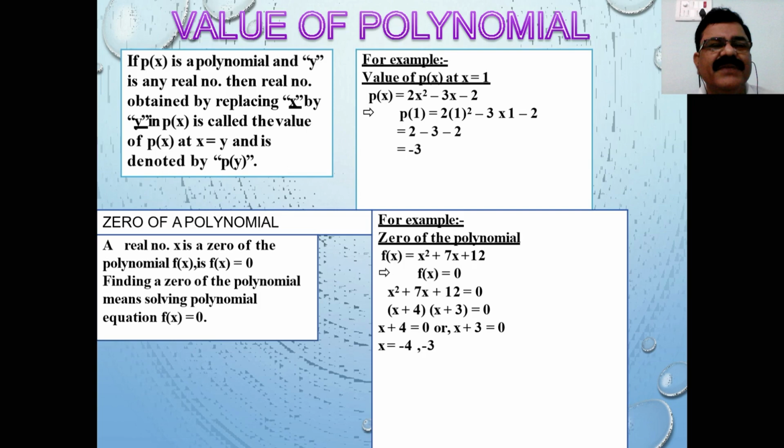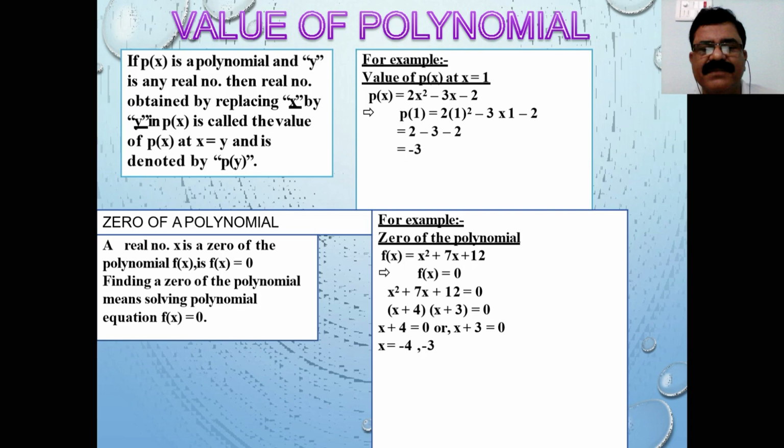Zero of a polynomial. A real number x is a zero of the polynomial f(x) if f(x) is equal to 0. Finding a zero of the polynomial means solving the polynomial equation f(x) equal to 0. For example, if the polynomial is f(x) equal to x square plus 7x plus 12, then f(x) equal to 0 gives x square plus 7x plus 12 equal to 0.